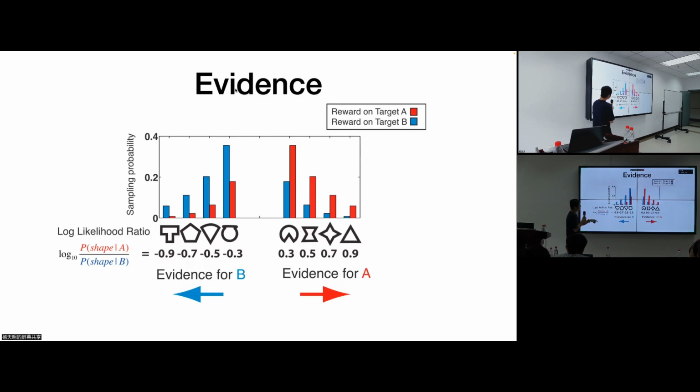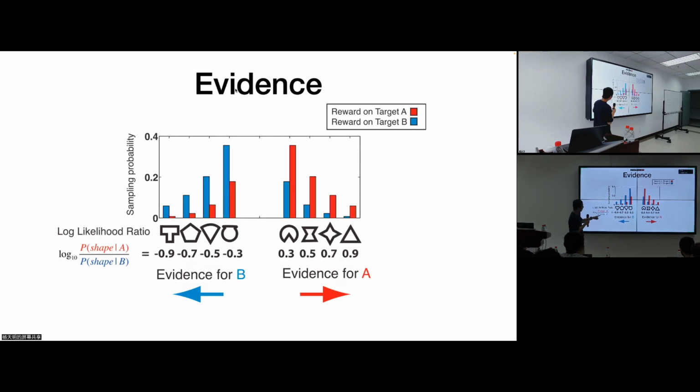The way we do this is that we first let the computer pick which choice will be the correct choice. Let's say if target A is the correct choice, then the computer samples the shape according to the distribution associated with target A. In this manner, we make sure that the shapes appear independently.